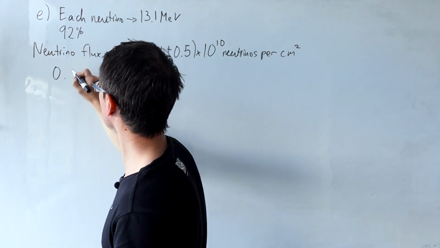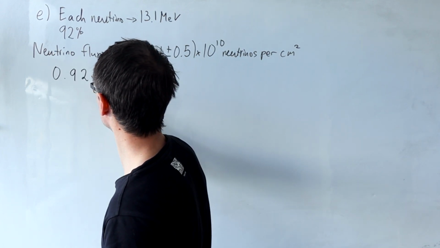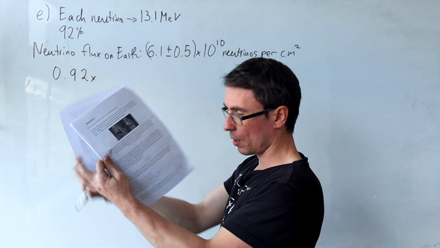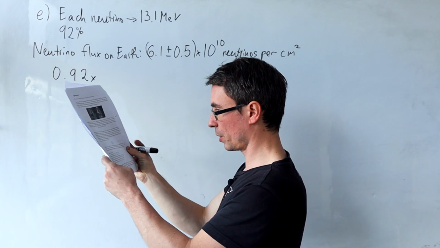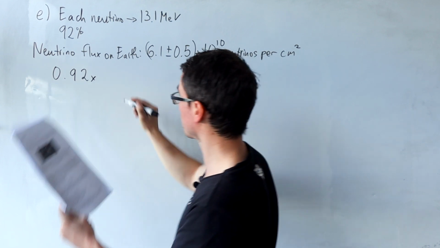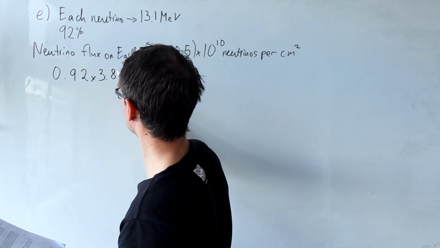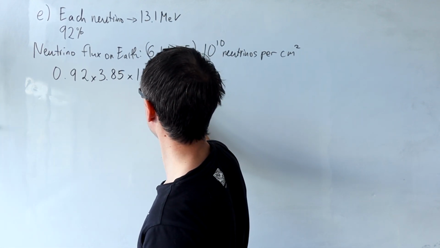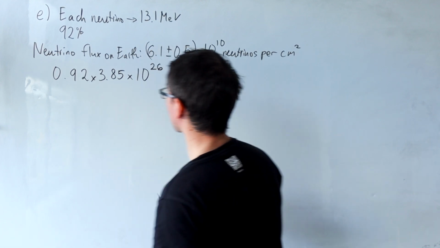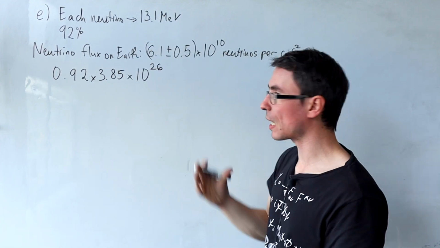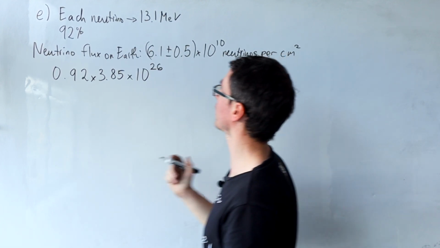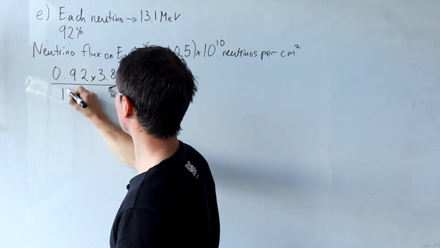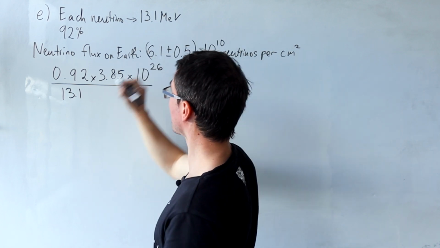So I'm going to do 0.92 multiplied by the luminosity of the sun, which was given here, 3.85 times 10 to the power of 26. Now I want to work out the total number of neutrinos that are actually produced. So I'm going to divide that number by 13.1 mega electron volts.